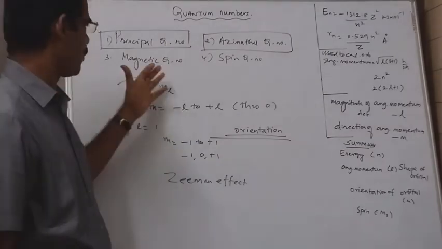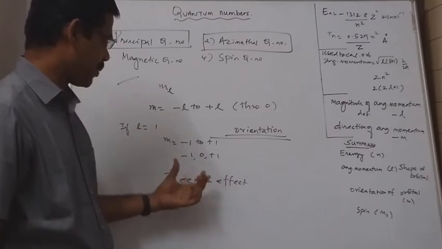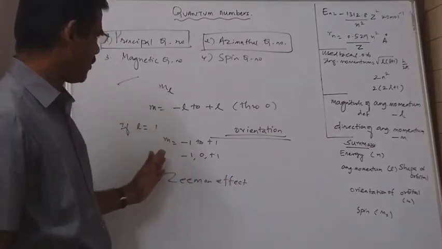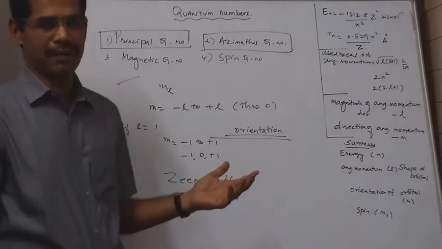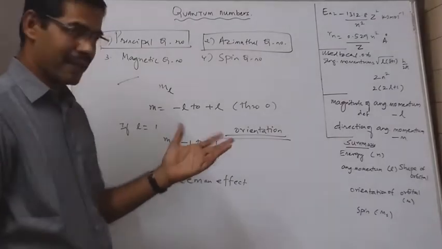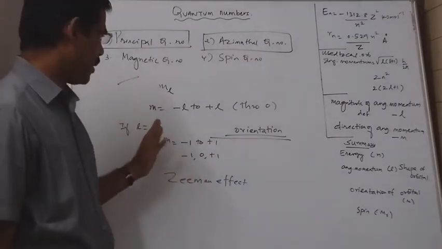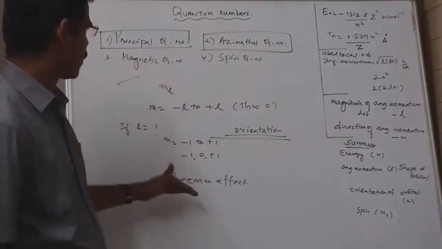And the other information given is the direction of the angular momentum. So the direction of the angular momentum can be determined by the magnetic quantum number.